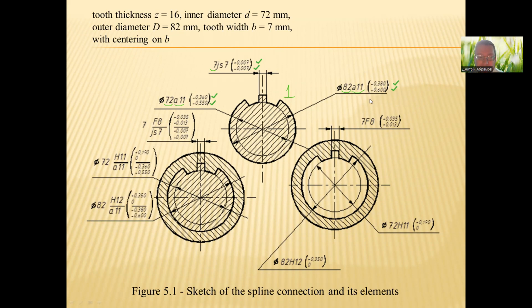It's all parameters for the shaft. Parameters for the bushing. We use the blue color. Parameters for the bushing. b is equal to 7. F8 is the tolerance field for the bushing on the parameter b.